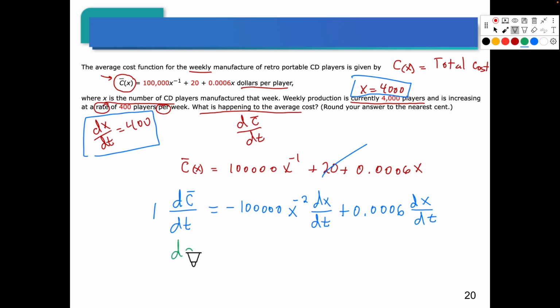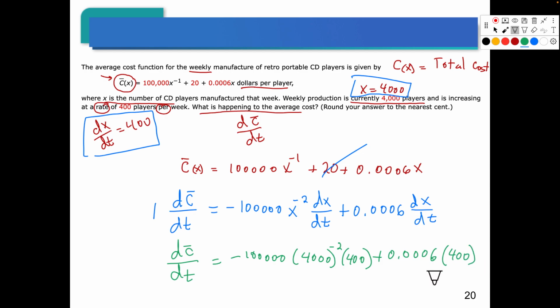What we get is that the derivative of the average cost is negative 100,000 times 4,000 to the negative 2, times dx/dt, which is 400, plus 0.0006 times the derivative of x with respect to time, which is 400.